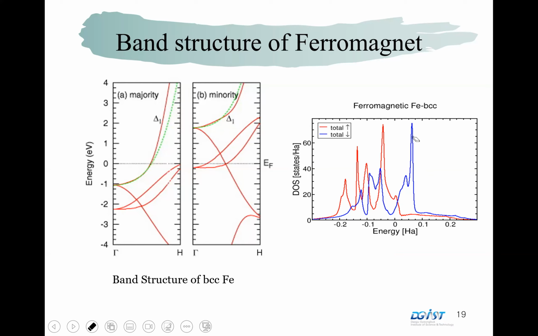And this is the energy difference between the up and down bands. As you see here, if you shift one band by a certain amount, let's say 2 electron volts or so, then these two bands are almost identical. And by shifting this kind of band structure, we can reduce the total system energy. That's the reason for ferromagnetism.